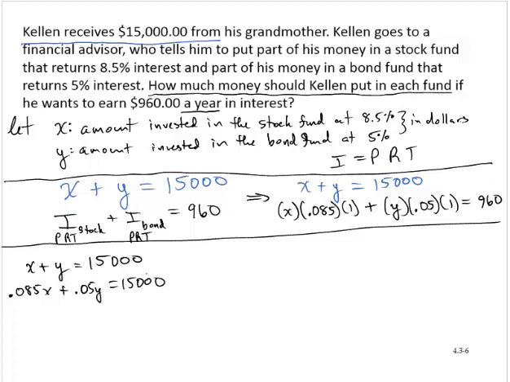And so what I'm going to do is think ahead. I'm going to look at the coefficients on y. I have a positive 1 and I have a positive 0.05. So what I'm going to do is multiply both sides of that first equation by, let's see, it would have to be negative 0.05.